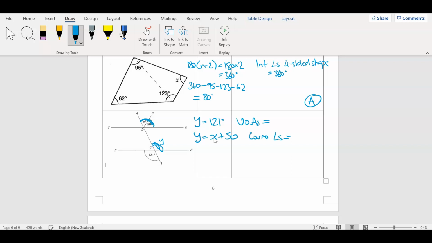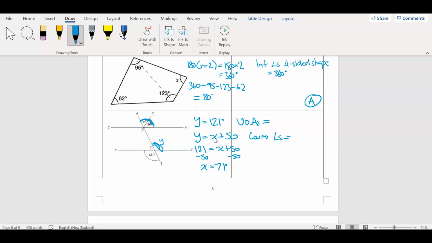Here I'm just going to do a bit of algebra to figure that out. Y is 121, so 121 is equal to X plus 50. We're going to go minus 50, minus 50. So X, in this case, is 71 degrees. And I've got my 2 reasonings from my earlier steps to support that.